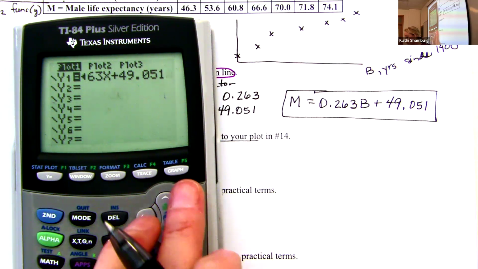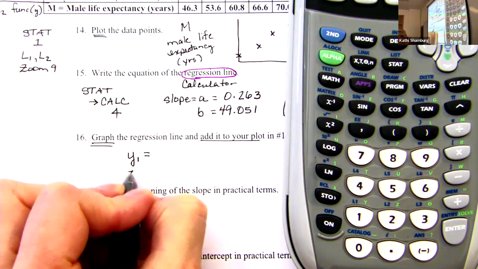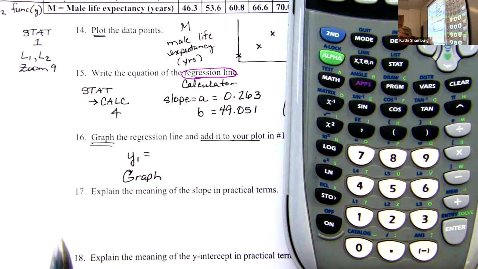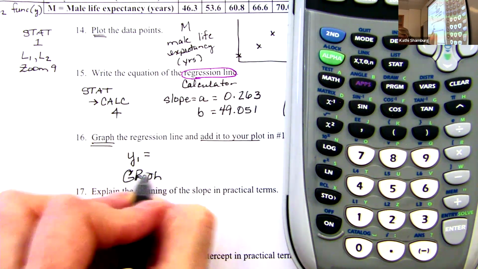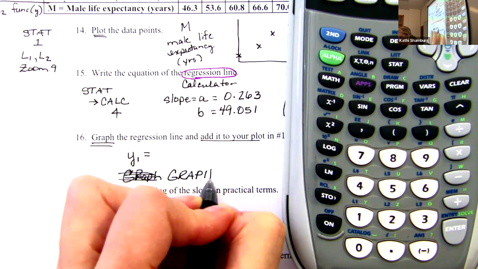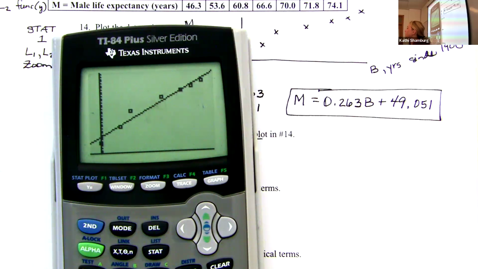Zoom 0. Nope, graph. If you've already done a zoom, you don't have to do a second zoom. So graph. Had we not already plotted the points and done zoom 9, if that would have been the first time, then yeah, you do zoom 0, but not when we've done that.